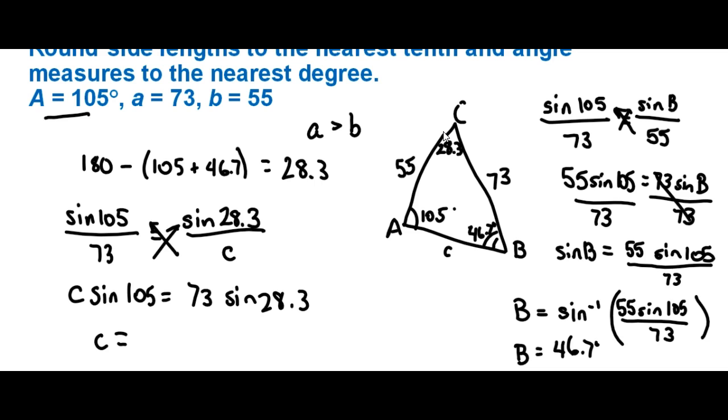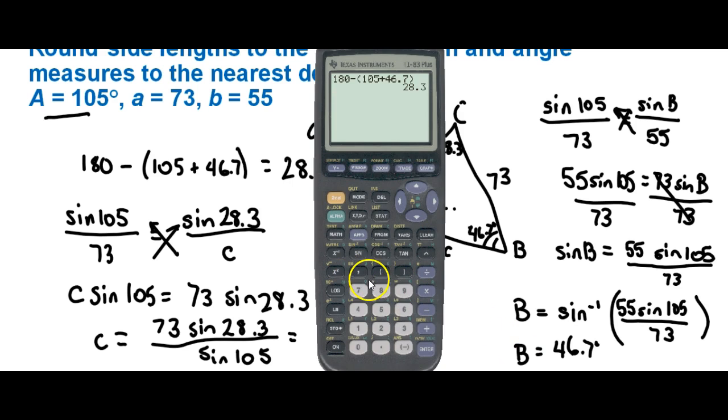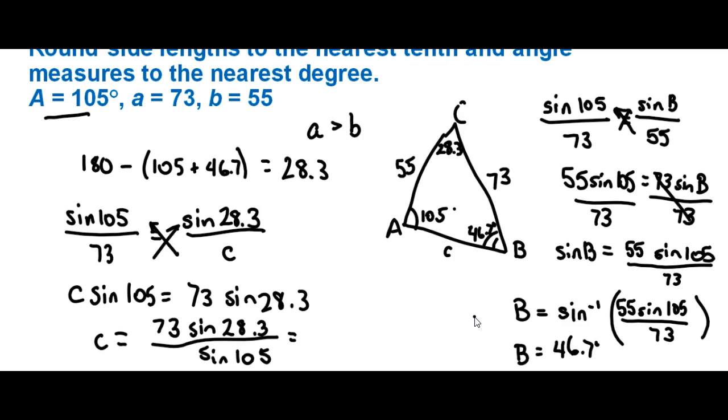So C will be 73 sine of 28.3 over sine of 105. When I put that in my calculator, I get 35.8 for the length of C, and those are all my missing pieces to completely solve that triangle.